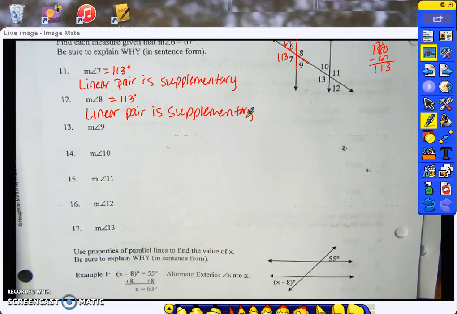Alright, remember our explanations are going to be that relationship is supplementary or that relationship is congruent. 6 and 9, they share this point, they're across from each other. So that means that they are vertical. Vertical means that they're congruent.